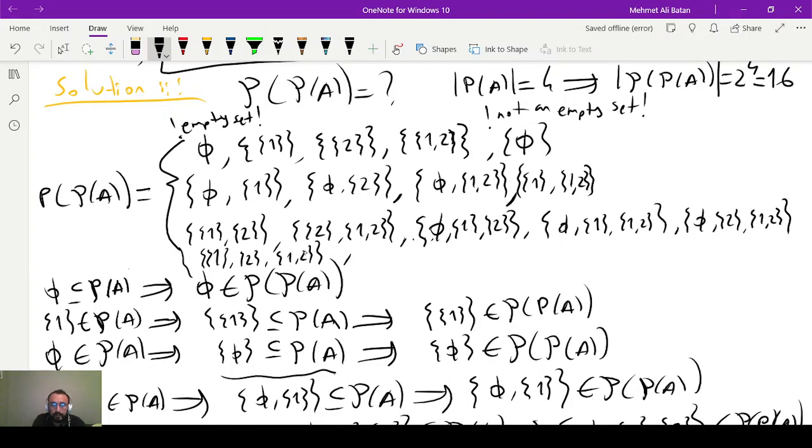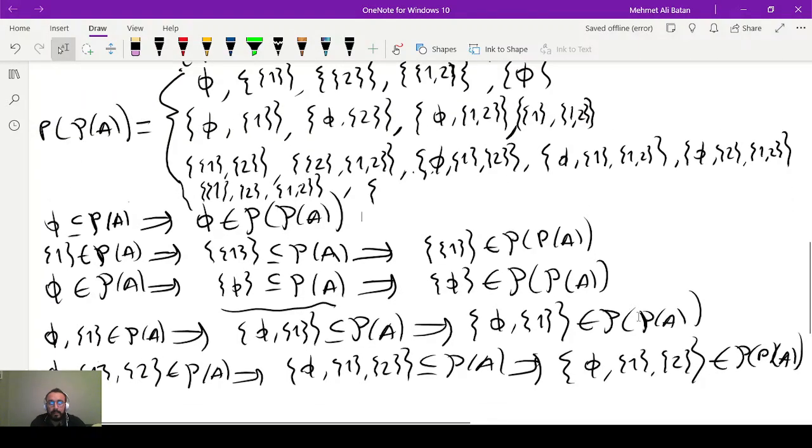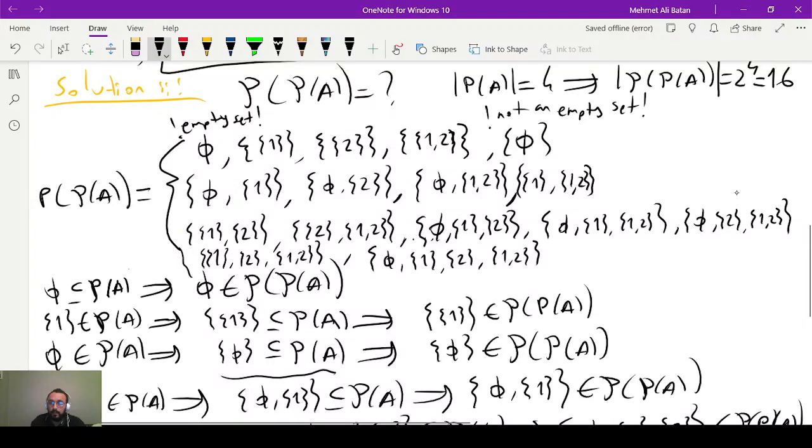And let me write the last one, which is nothing but the whole set A itself, the empty set, 1, 2, and 1, 2, and close it. So this is the set I am looking for. It has 16 elements.